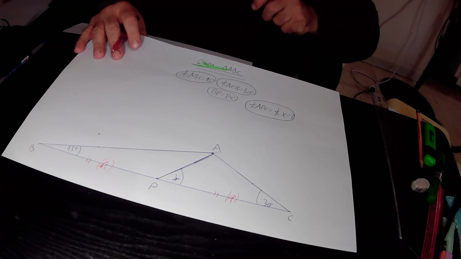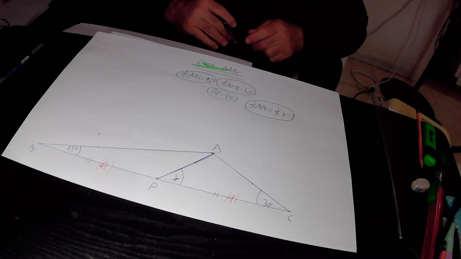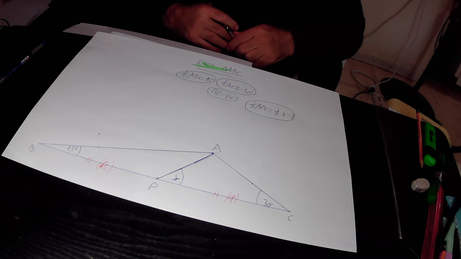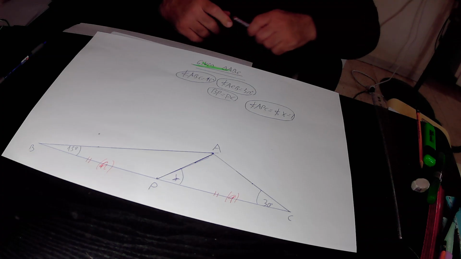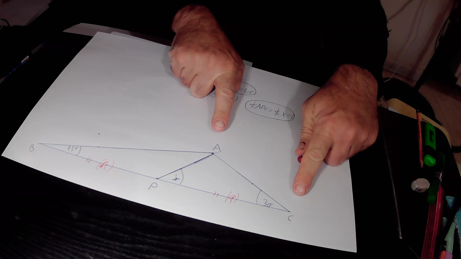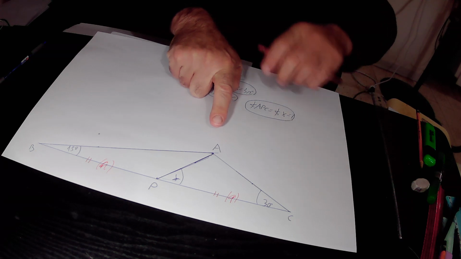So first of all, we will do a construction. That is to say, we will extend side CA of this triangle ABC by a straight line.